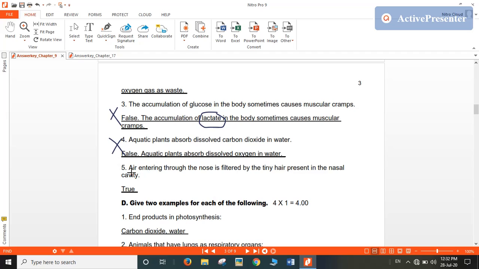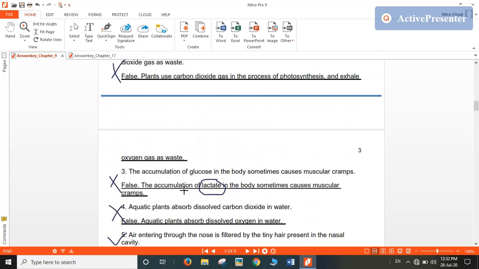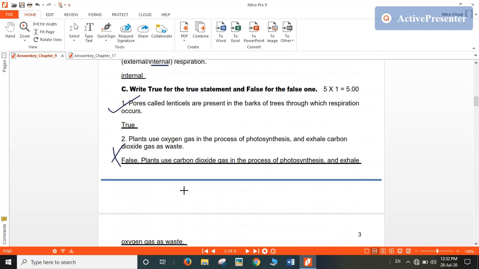Next: air entering through the nose is filtered by the tiny hair present in the nasal cavity. The air that enters through our nose is filtered by tiny hair, right. So this statement is true. These are the answers of true and false.